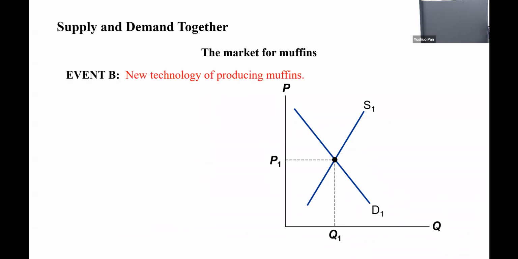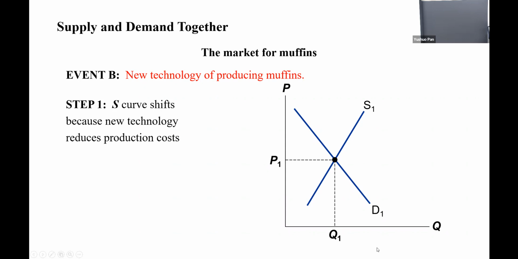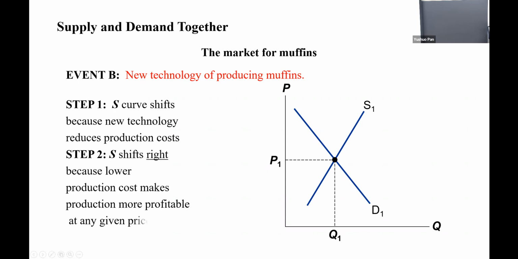Next one. New technology of producing muffins. What determinant is it? What's the new equilibrium?